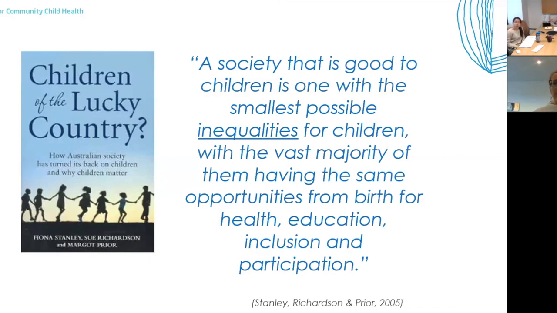And the reason I start with that is to anchor this talk and all our work: the reason we're doing data like the EDI is fundamentally to drive system change towards a more equal society for children.